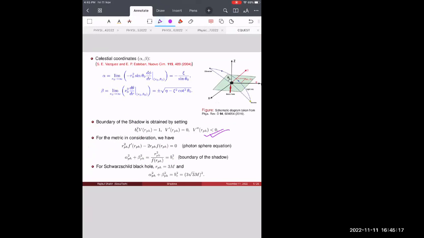So the unstable circular orbits or the critical orbits correspond to the maximum of the effective potential, and we find the unstable circular orbits by using these conditions.